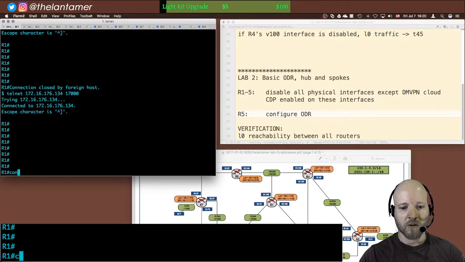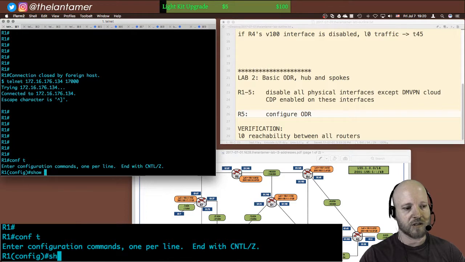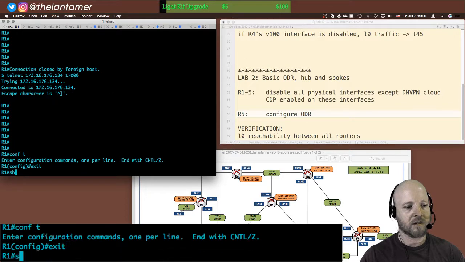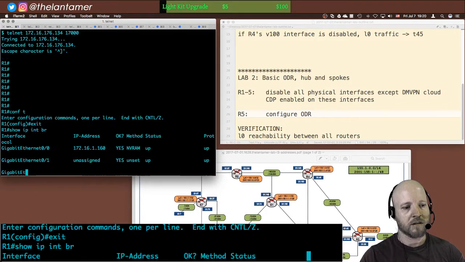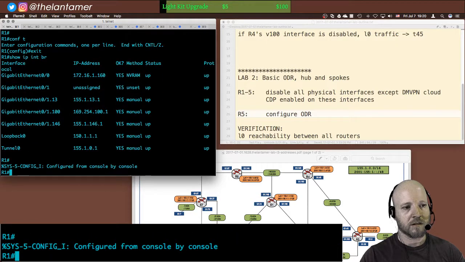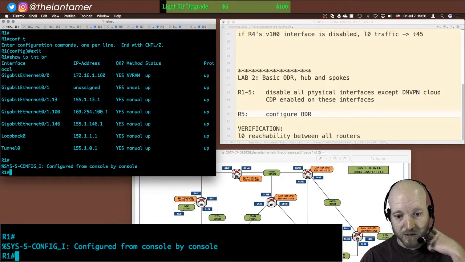So on router 1, that means show, let's see. I do not know what 0/0 is, and I'm not going to worry about that right now.